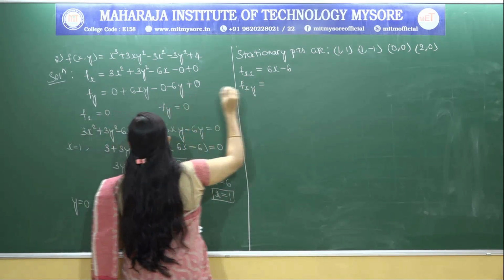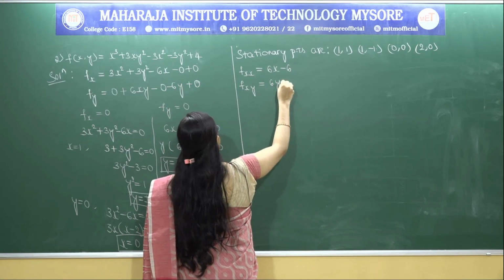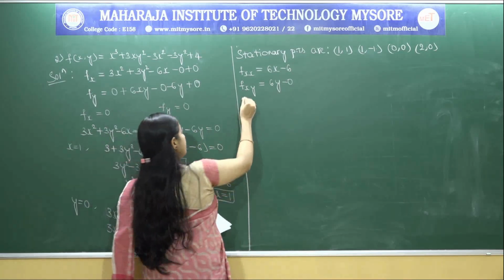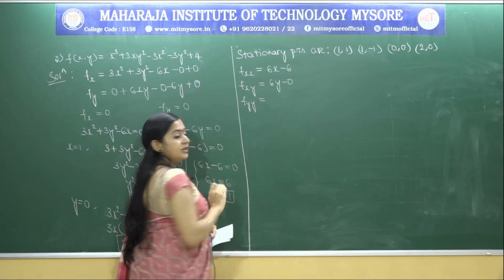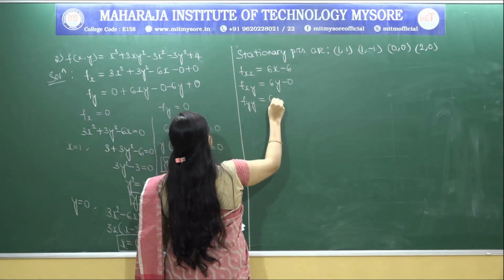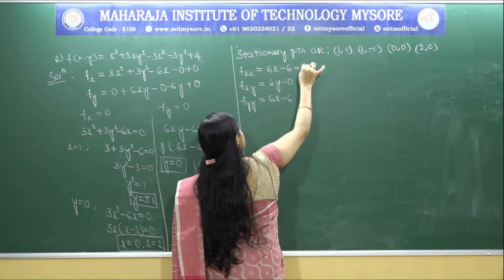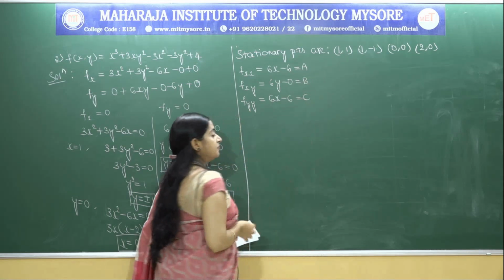The first term is 6y, the second term 0. Then the third one, differentiate f_y with respect to y again, and you will get 6x minus 6. Then mark the first one as A, the second one B, the third one C.